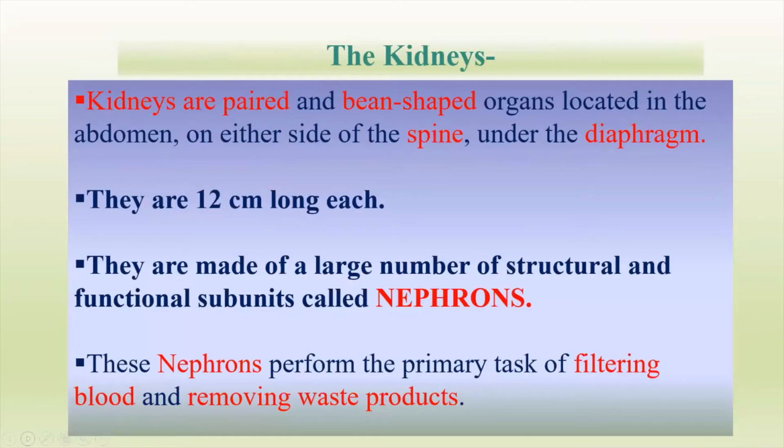The kidneys. The kidneys are pale, bean-shaped organs located in the abdomen on either side of the spine under the diaphragm. The kidneys are each 12 centimeters long. The kidneys are made of a large number of structural and functional subunits called nephrons. These nephrons perform the primary task of filtering the blood and removing waste products.